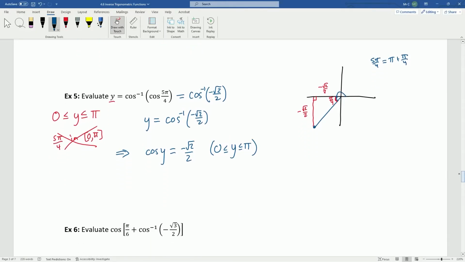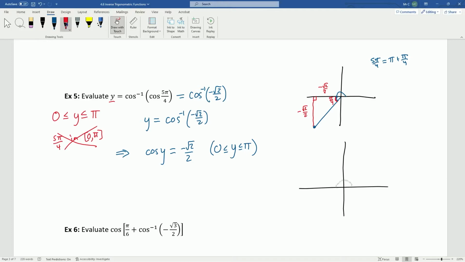Okay, so let's recap so far. We're not done yet. So we evaluated cosine of 5 pi over 4. I just drew my angle 5 pi over 4, found the cosine value, and I said, okay, plug that in. I get negative root 2 over 2. So now cosine of y should be equal to negative root 2 over 2, where y is between 0 and pi. Okay, so I'm going to do my reverse process. Now I'm looking for the angle and I have the side, but I'm between 0 and pi. So I go, what angle between 0 and pi gives me negative root 2 over 2 for cosine?